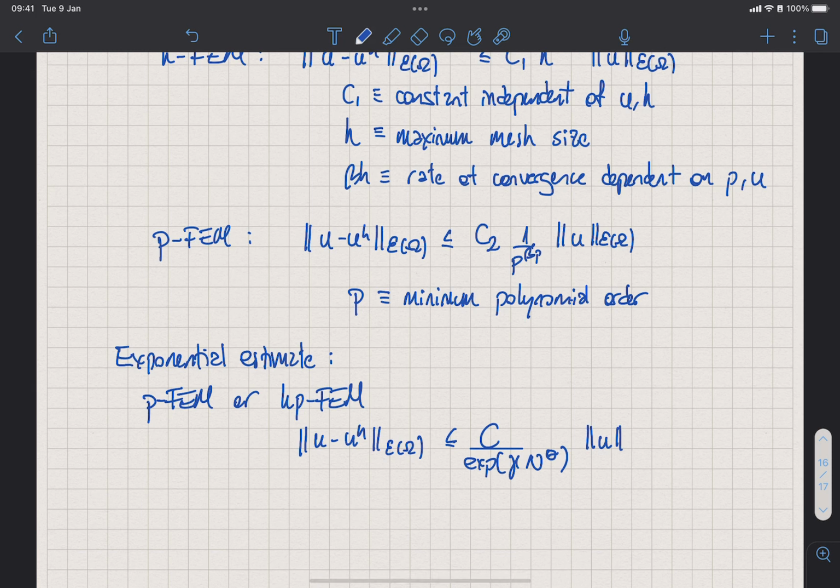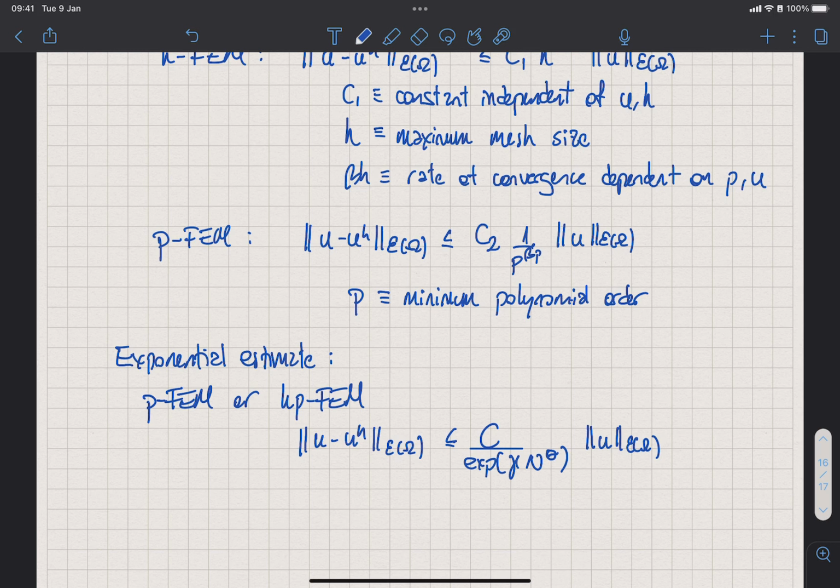Remember that when we have h-FEM only, it makes sense to talk about the mesh size. When we have p-FEM, it makes sense to talk about the polynomial interpolation order because our mesh is fixed.